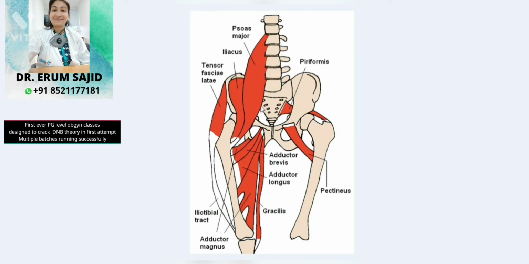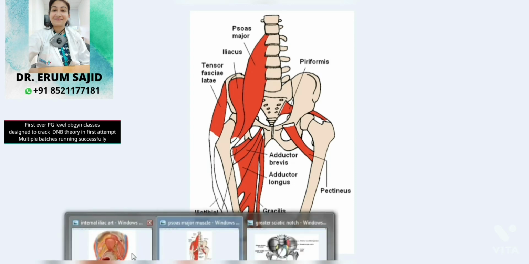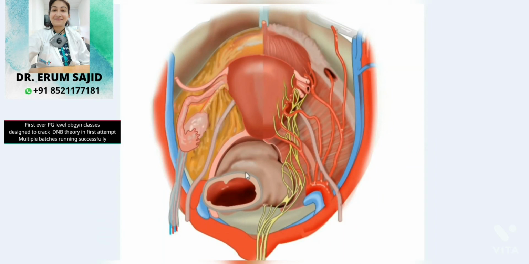I'm talking about the pelvic area over here, so it's somewhere medial to this muscle. It goes somewhere like this, and the external iliac goes somewhere like this. So that was just recapitulating how the muscle looks. Somewhere over here you have the psoas major muscle and the artery lies medial to it.